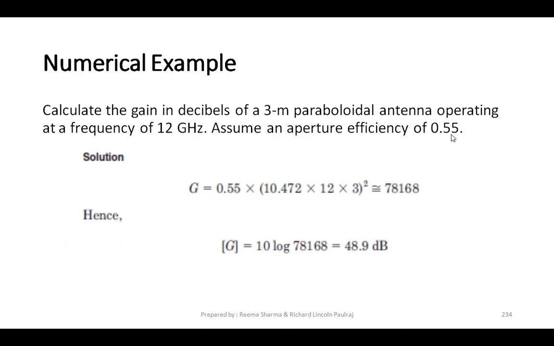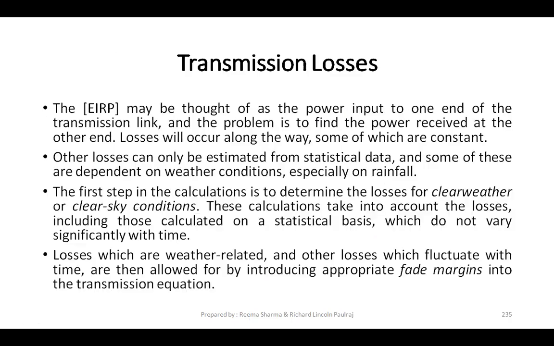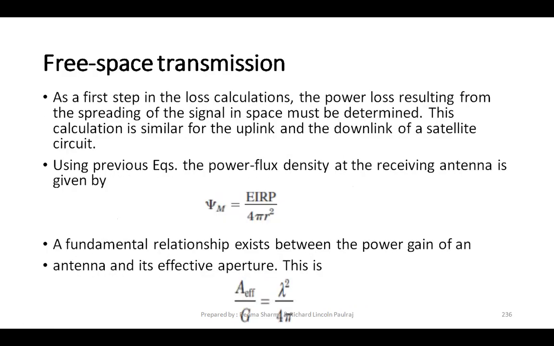The aperture efficiency was given, the size of the antenna was given, and the frequency it's going to operate at is also given.